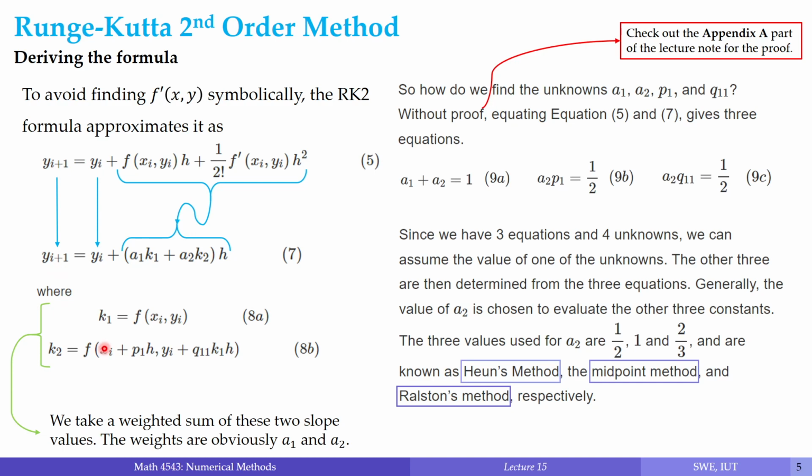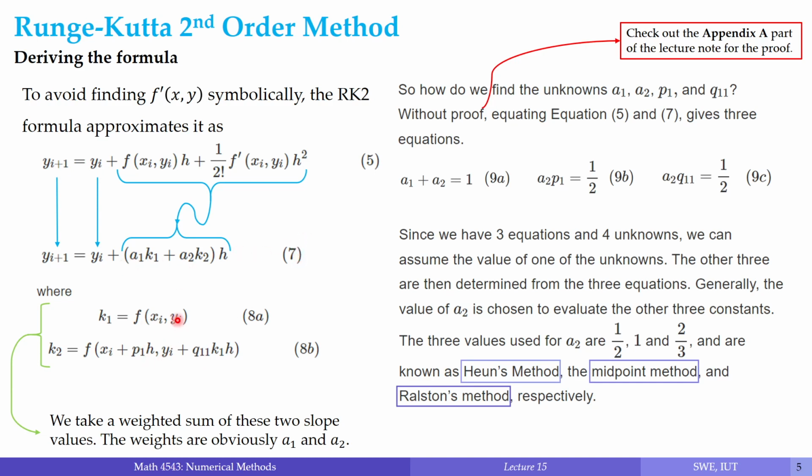So now that we know the structure of the formula for the RK2 method, our goal is to find out these unknowns: the weights a1, a2, and the coefficients p sub 1 and q sub 1 1. How do we find these four unknowns?